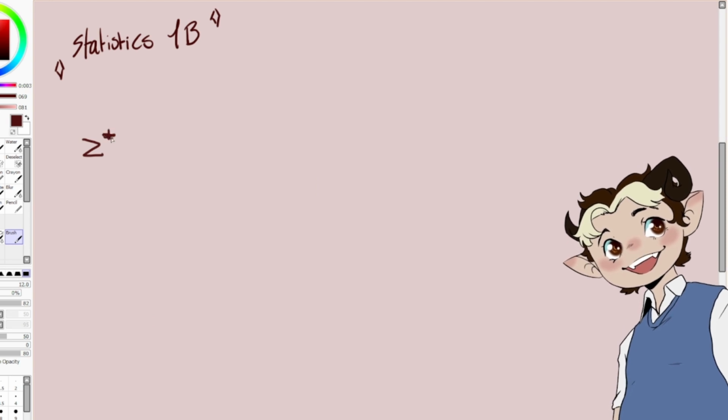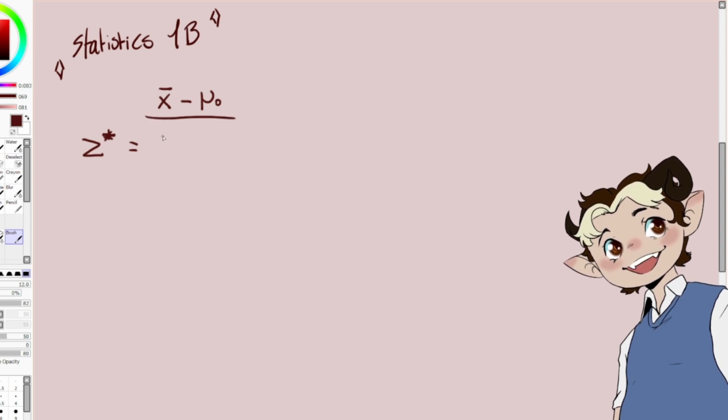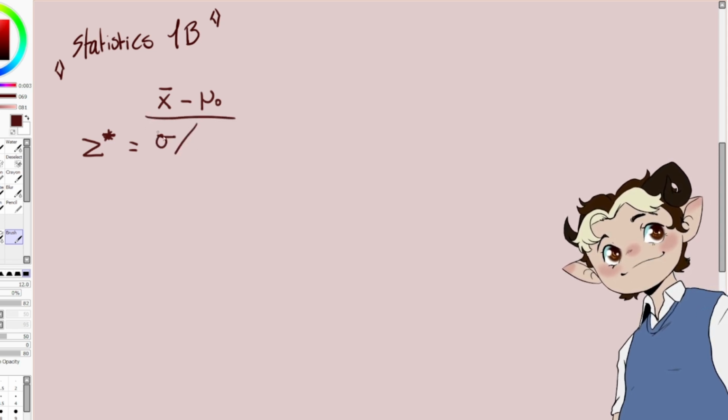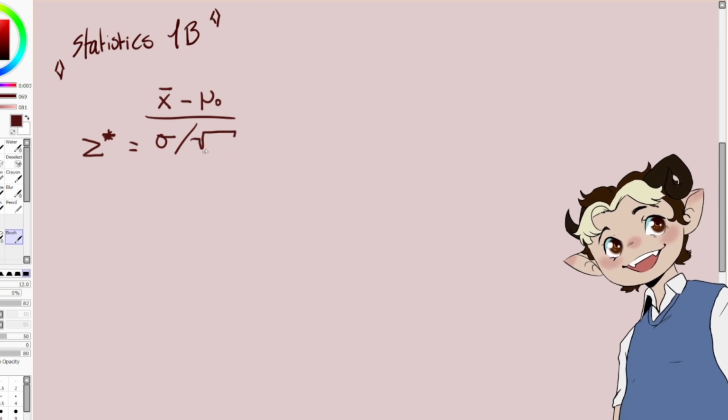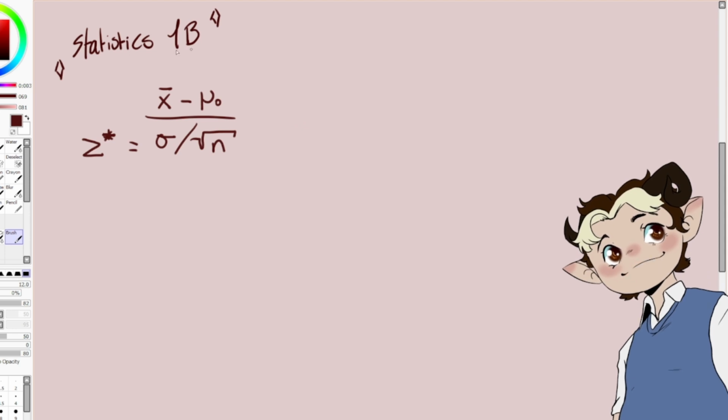We want to find our Z, and we use our building blocks. So that is our mean of our sample minus our null hypothesis, divided by our standard deviation divided by the square root of our sample size. So that is the basics.